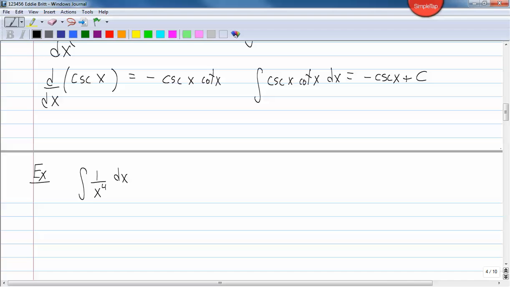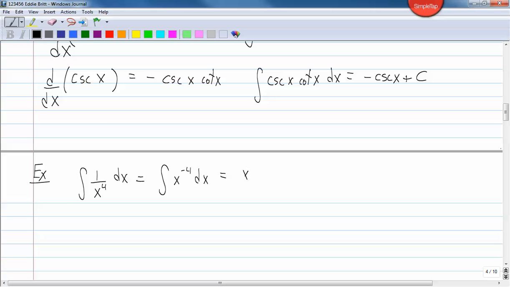At first you may not see that we have to use the power rule. We have to rewrite the integrand, what I'm integrating here, in order to apply the power rule. If I rewrite the integrand by moving x to the 4th to the numerator, that's going to be x to the negative 4. Now remember, if you add 1 and then divide by the new power, when you add 1 to -4, you get -3.